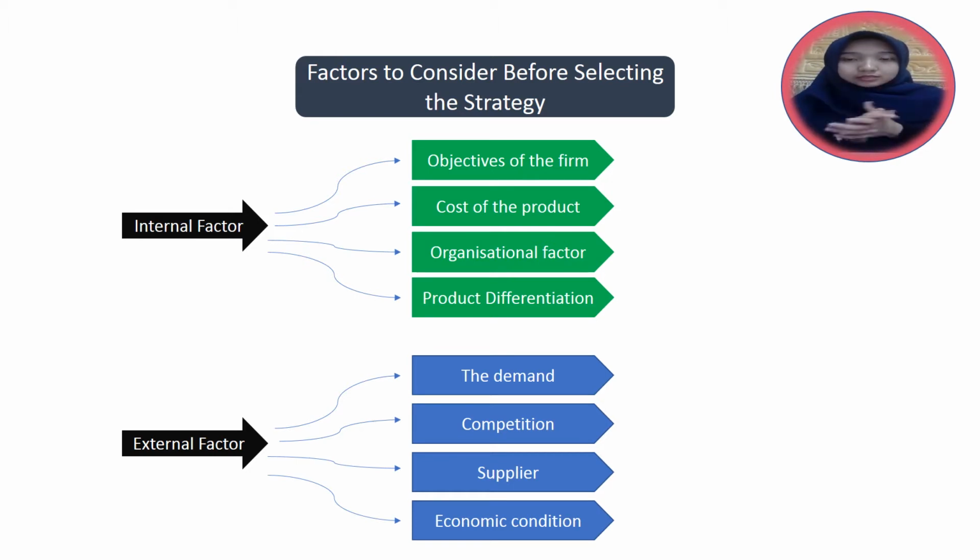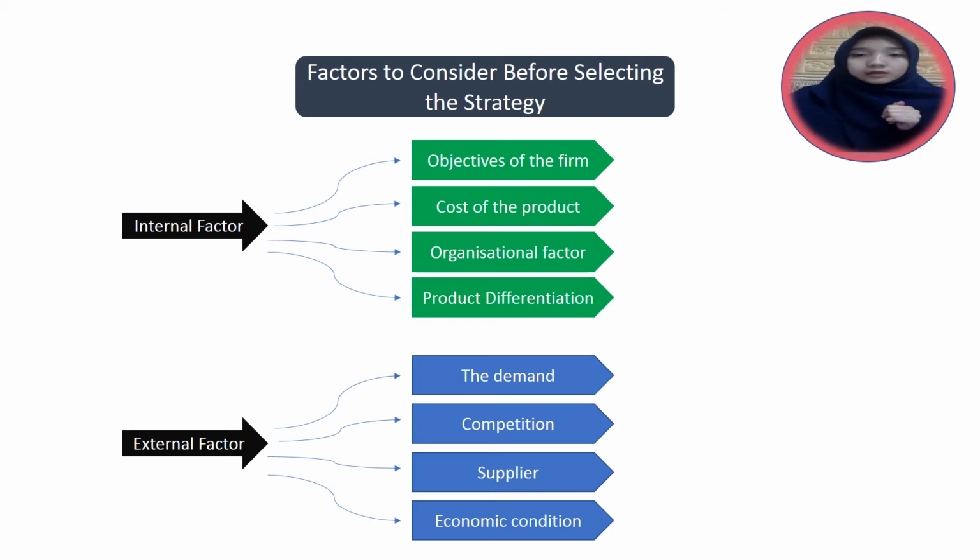The second one is the competitions. Competition conditions affect the pricing decisions. In order to set your selling price, you have to look at your competitor's selling price so that you can set your price either the same, or maybe your price can be lower than their price.